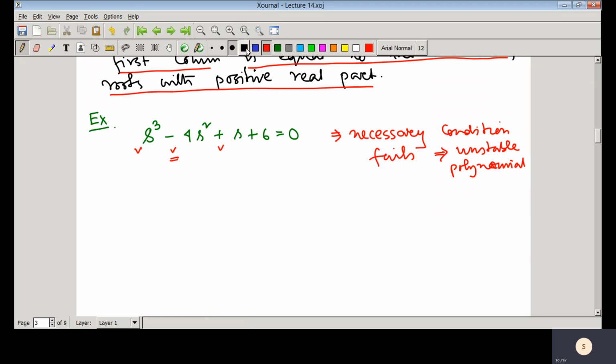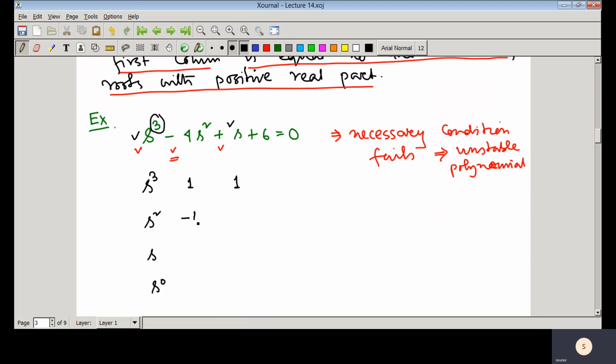The method is, we first write s cube, then s square, then s1, then s0. The first coefficient is 1, then you write all the odd coefficients first, because it starts with s to the power 3.